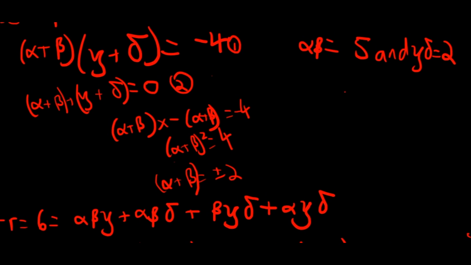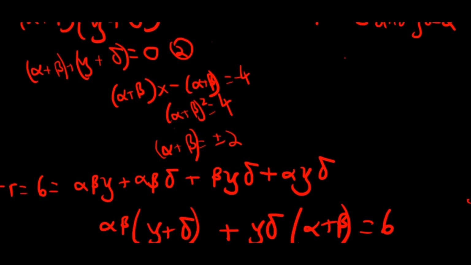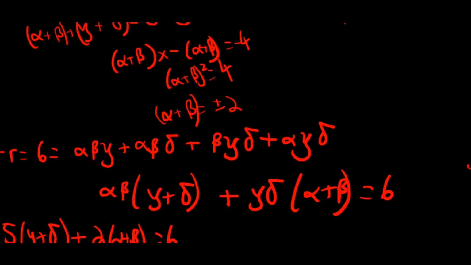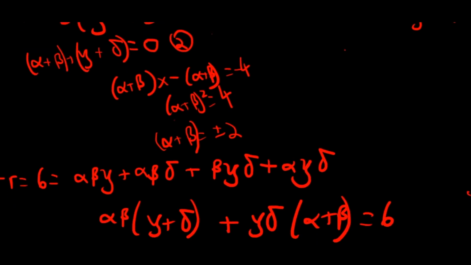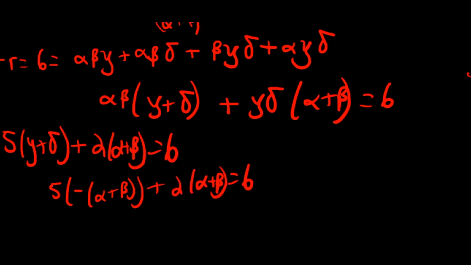And since alpha plus beta plus gamma plus delta is equal to 0, we can make another substitution to get that 5 times minus alpha plus beta plus 2 times alpha plus beta is equal to 6, which means that minus 5 times alpha plus beta plus 2 times alpha plus beta will be minus 3 times alpha plus beta.